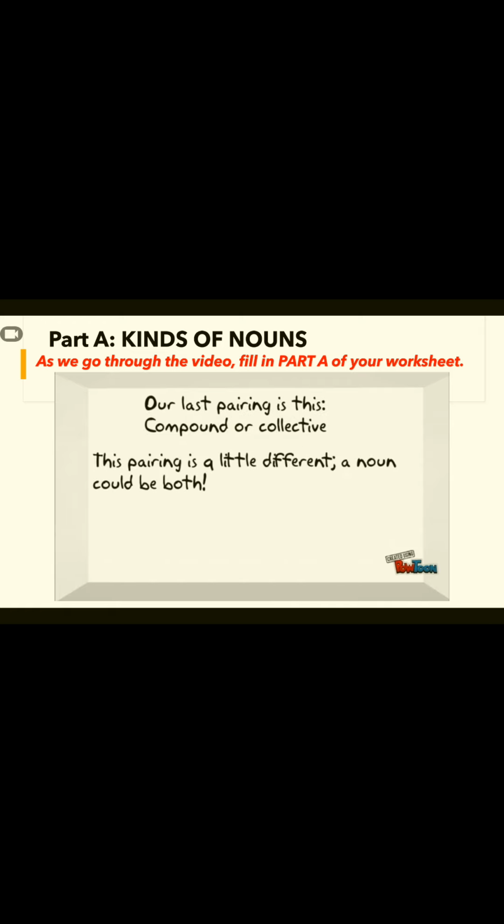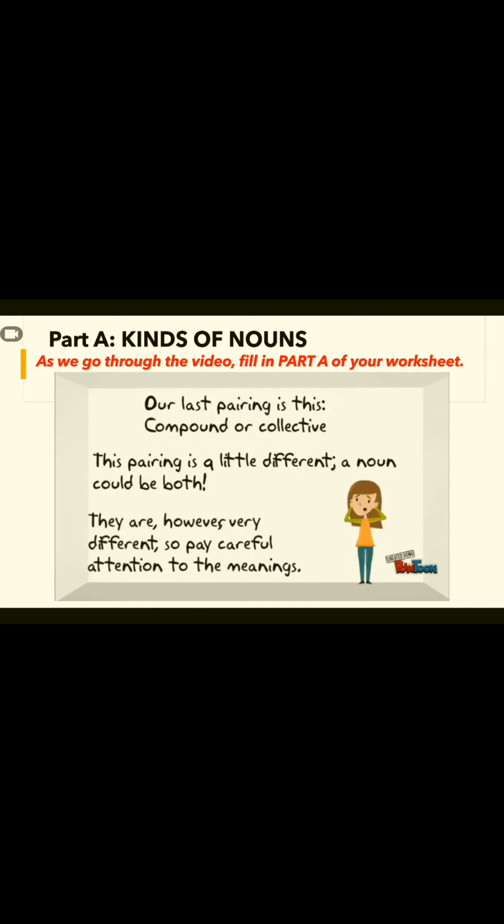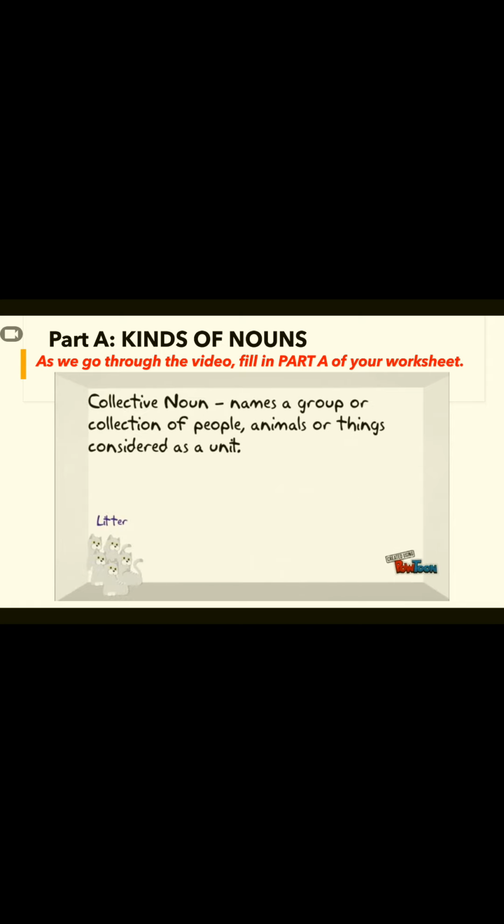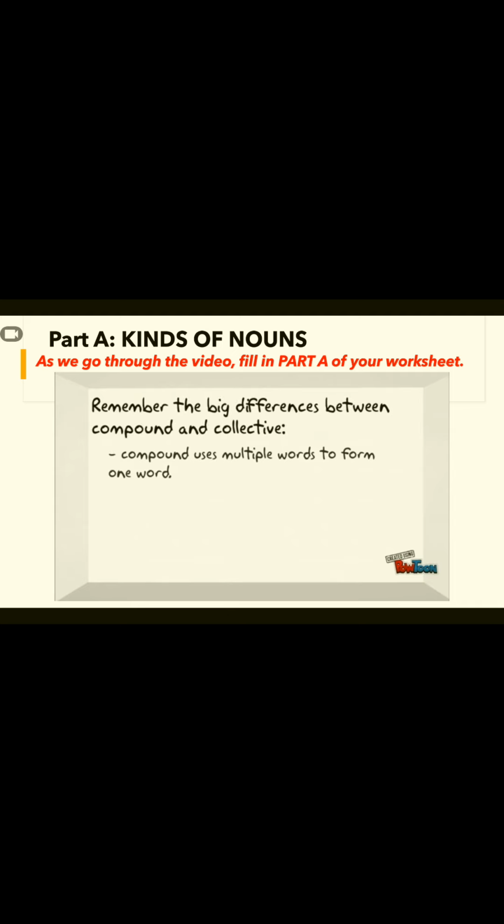The last pair, that means number 5, is compound noun, and number 6, collective noun. Compound nouns refer to nouns made up of 2 or more words, like father-in-law, armchair, smartphone. Collective nouns, however, refer to groups of people or a collection, like litter, which refers to things you don't like, that you're going to throw away.